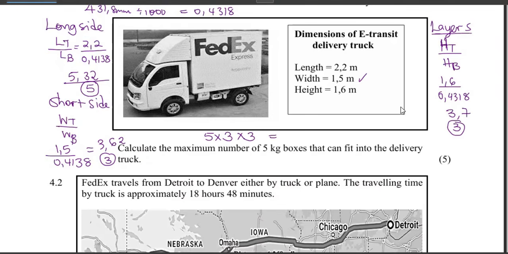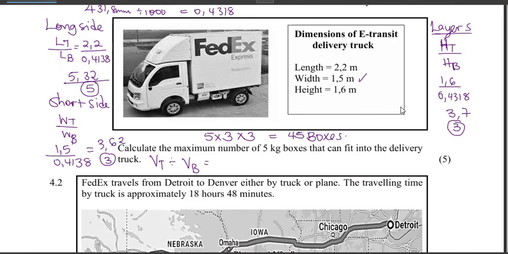So in other words, the truck will carry 9 times 5, which is 45 boxes. Someone else who wanted to do the mathematical one, it would be volume of the truck divided by volume of the one box.